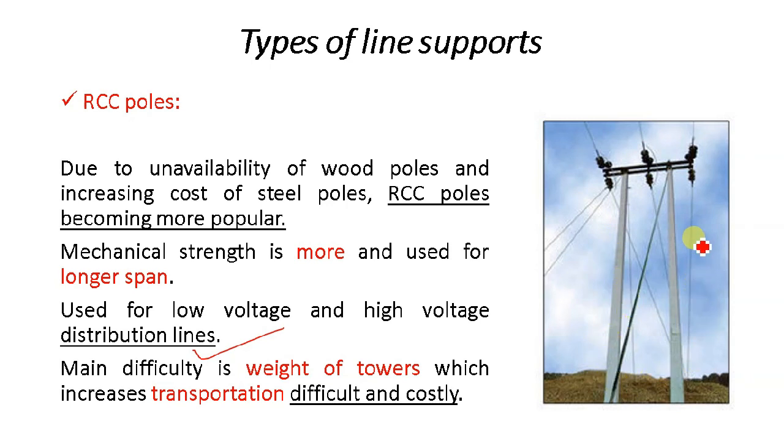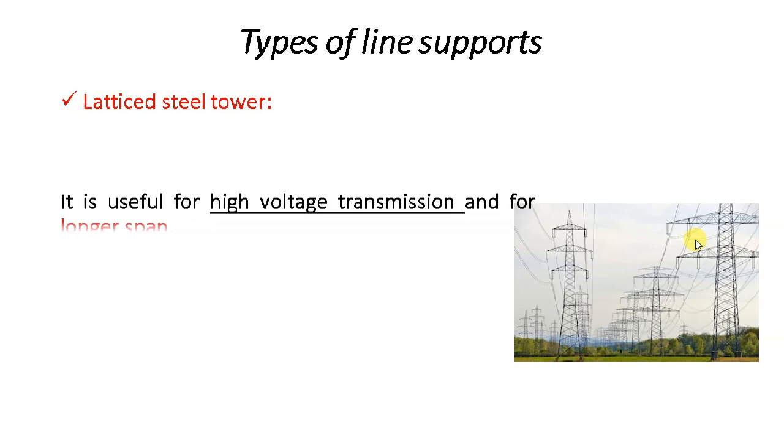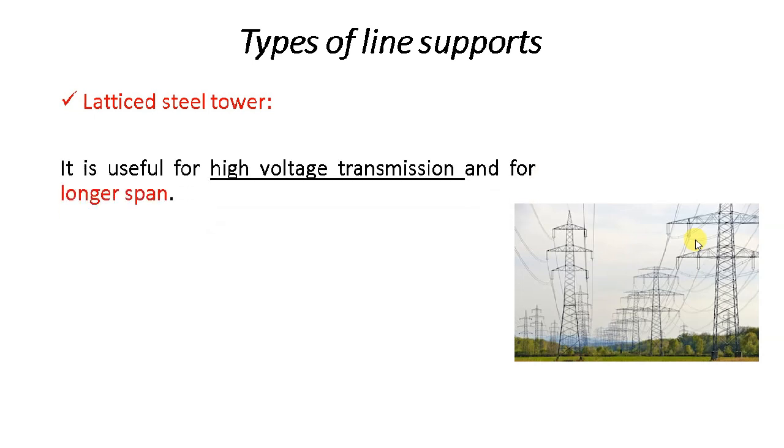Now let us discuss the most widely used towers in transmission systems, which are lattice steel towers. Wooden poles, RCC poles or steel poles are not useful in high voltage transmission systems or for increased span. In that application, for high voltage transmission as well as for longer spans, we use lattice steel towers.